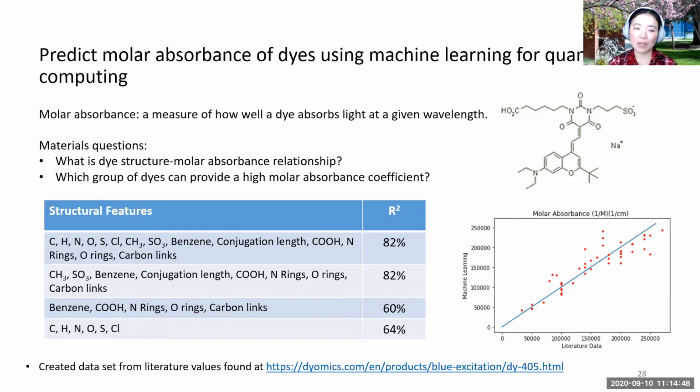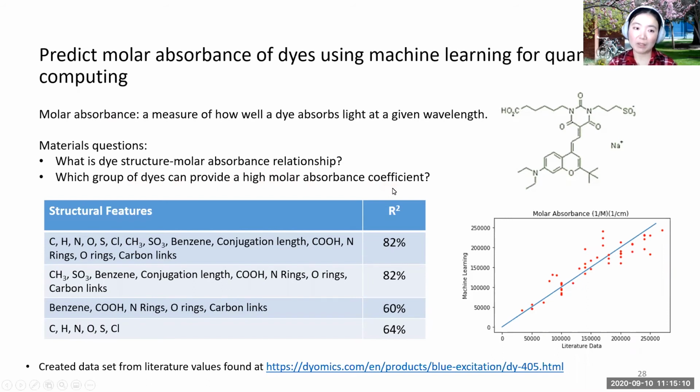We have two questions we hope machine learning can help us with. One is, what is the dye structure and molar absorbance relationship? The second question is, which groups of dyes can provide a high molar absorbance coefficient?